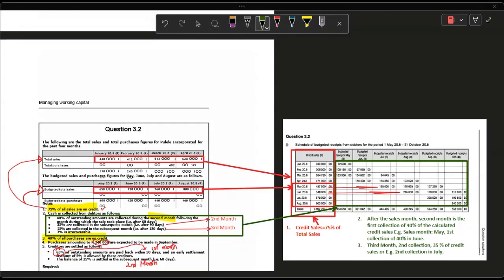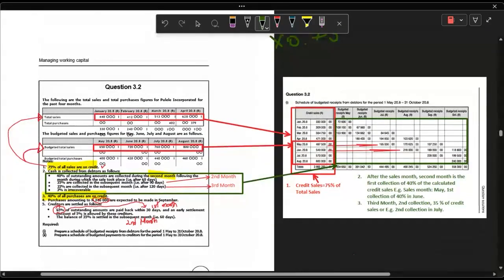You will do the total sales, for example this one, 440,000, multiplied by 75%, or multiply by 0.75. So you take the total sales multiplied by 0.75, and you will find all the credit sales from January to August. That's how you find it.